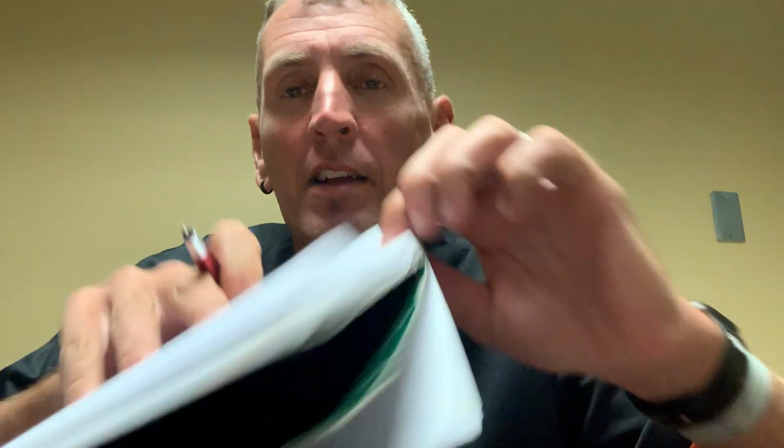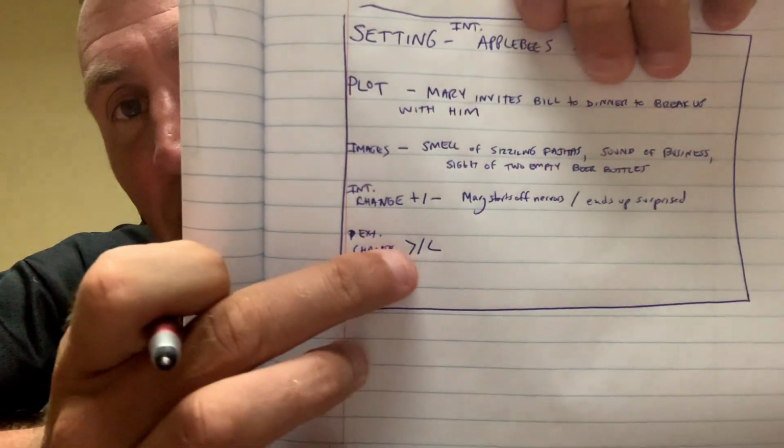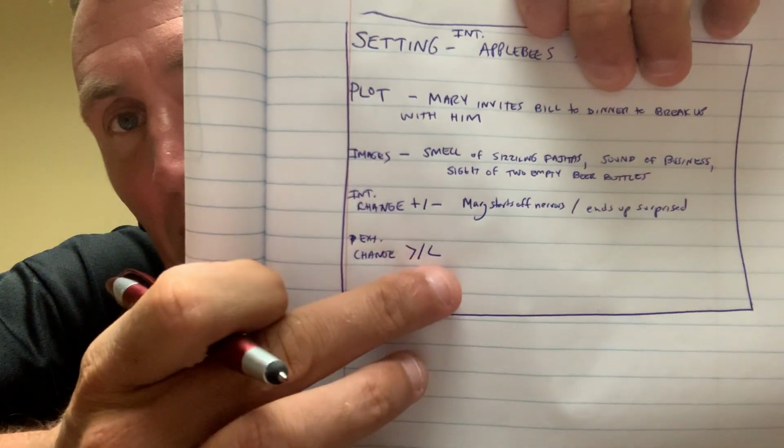In this case, what's the movement? What happens? And if you can tie that movement into the internal change, which is she's nervous and then she ends up surprised, even better. So here's how I noted it too, external change, and then instead of plus minus, I did greater than and less than. Again, that's just to note change. Let's say Mary tells Bill to have a seat.